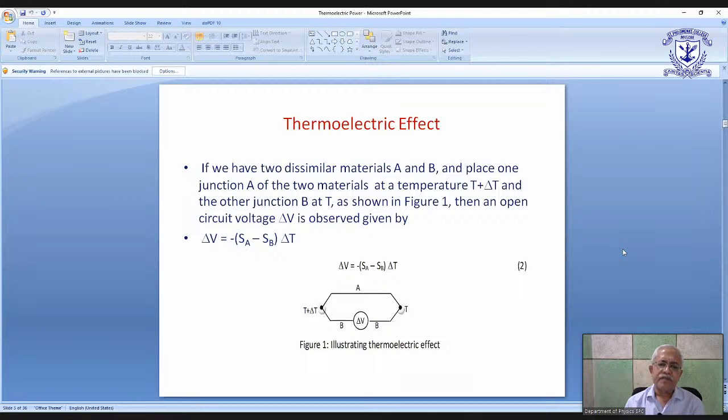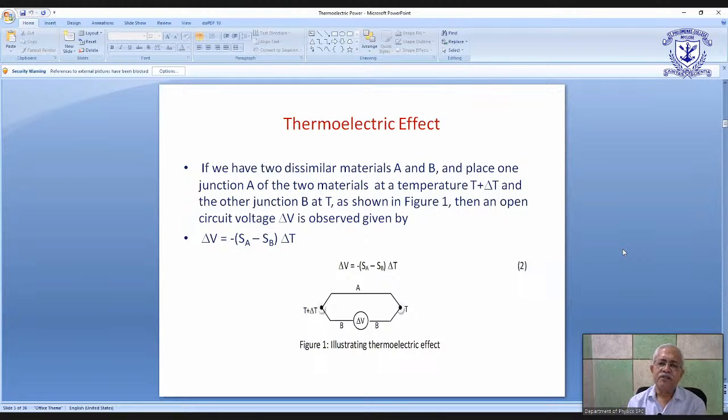The reason is, see, if you see the figure 1, which you are seeing in the slide, in the wire A, suppose it's a metal, the electrons will flow from hot end to cold end, so it will be a clockwise current in part A. Similarly, in metal B, if there's no voltmeter and if the metal wires are connected, B on the left to B on the right, then the electrons will flow from the hot end to the cold end and the current direction will be anti-clockwise.